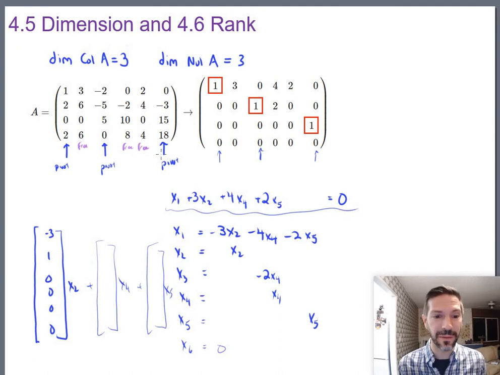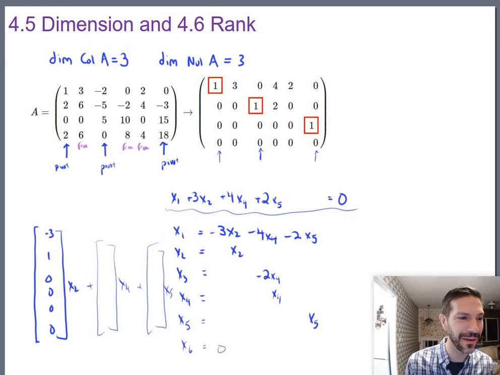And every free variable is a dimension for the null space. So it is no accident that there were 6 columns and the dimension of the column space and the dimension of the null space added up to 6. That will always be true for any vector, or sorry, any matrix anywhere in the universe.